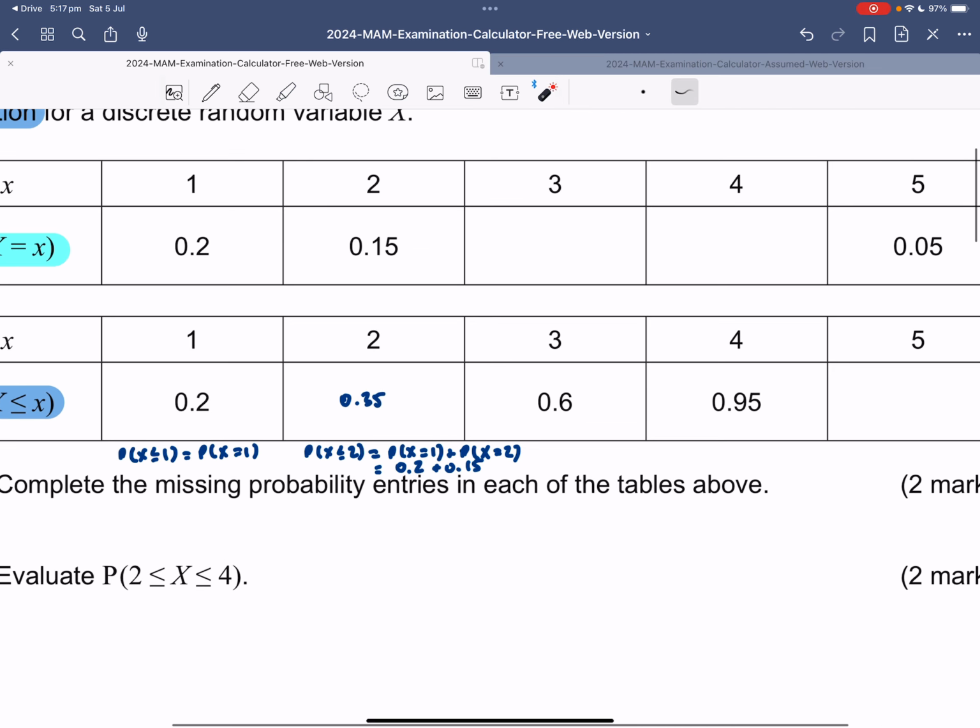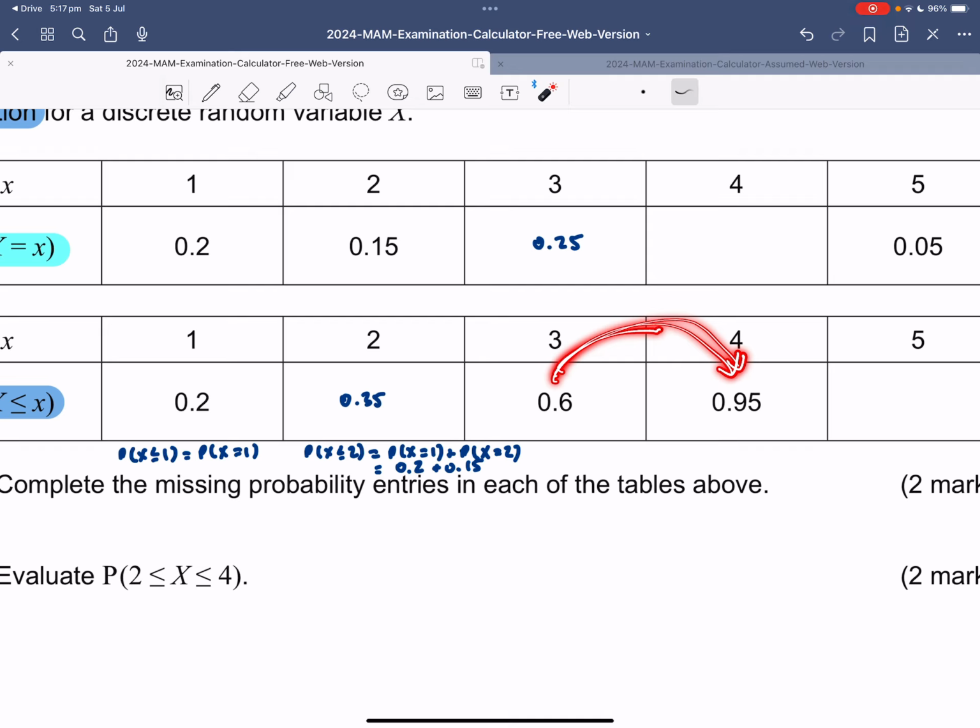Then you can see the probability that x is less than or equal to 3 is 0.6. So what additional probability has come in there? The additional probability of x equals 3. What's the cumulative probability increased by? It's increased by 0.25. So effectively, this here would be 0.25. That makes sense. And then again, the cumulative probability up to 4 is 0.95, so the additional probability is the probability that x is 4.